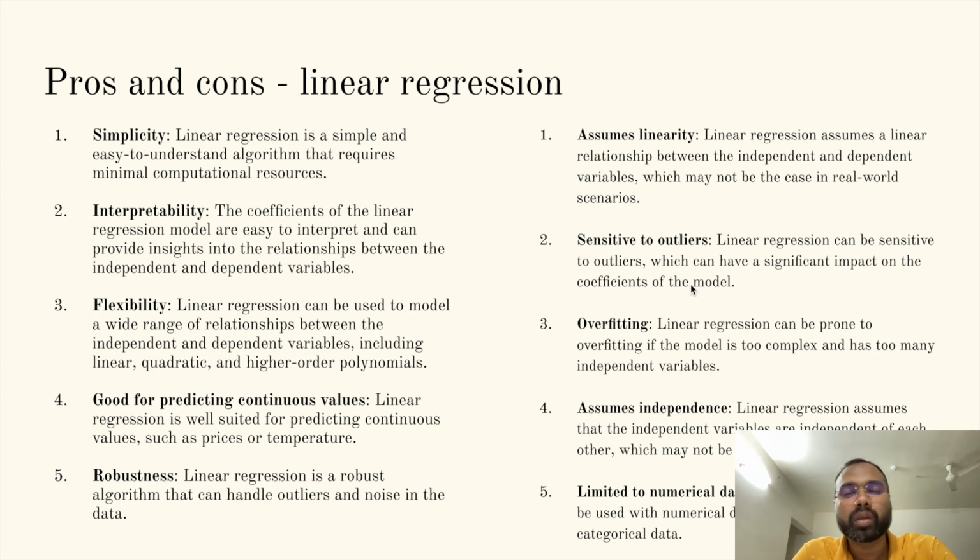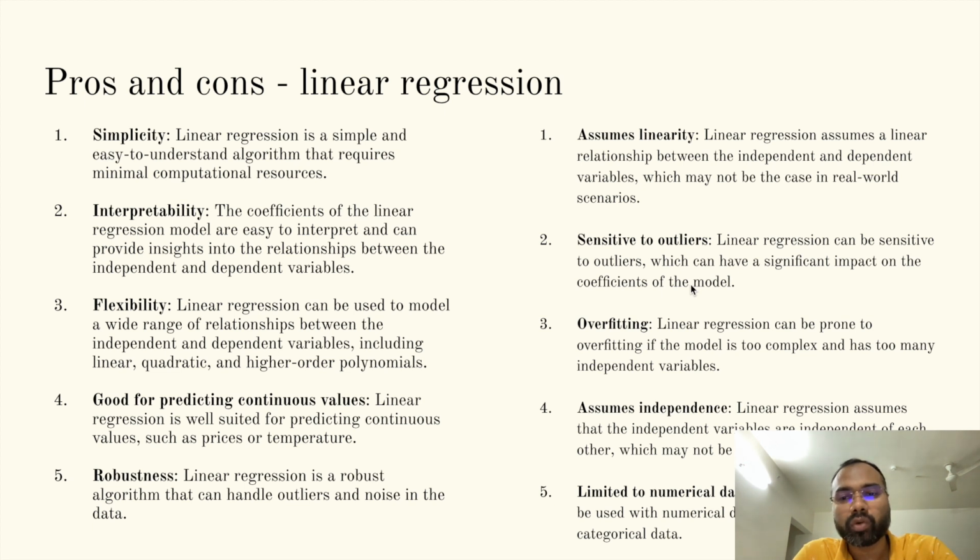That is called polynomial regression, so we may try to cover that also a little bit. Next, it is sensitive to outliers if they are not handled correctly, which can have a significant impact. That is why I have discussed earlier that outlier detection and handling is very important. But once it is handled, it performs very well.